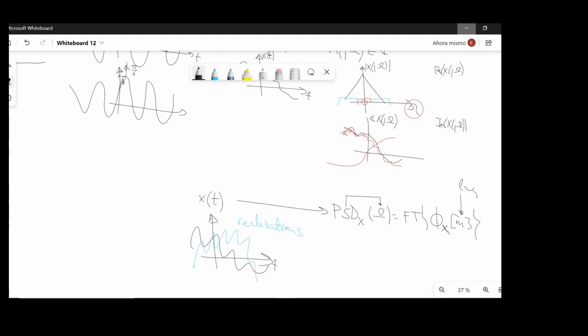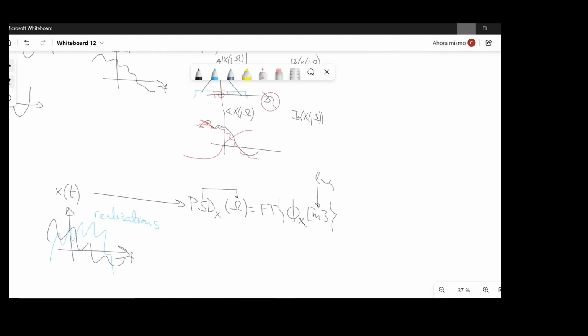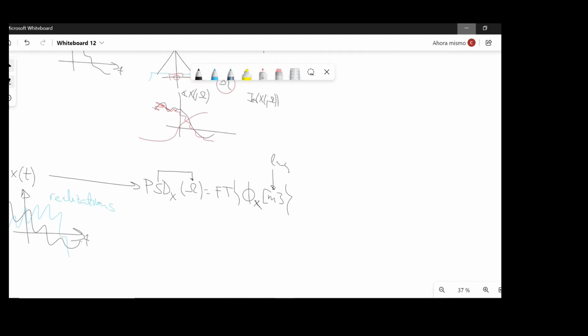Do you remember the definition of autocorrelation? This is a Fourier transform, and now the expected value of x of t times x of t plus tau. So this is closing the expectation and this is closing the Fourier transform. Okay, so this is for random signals.